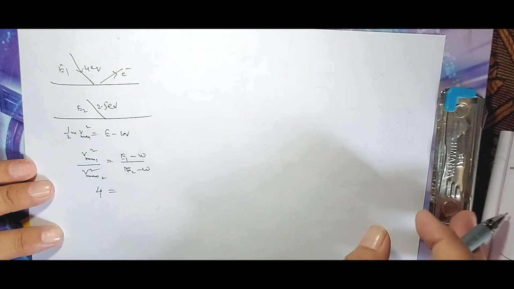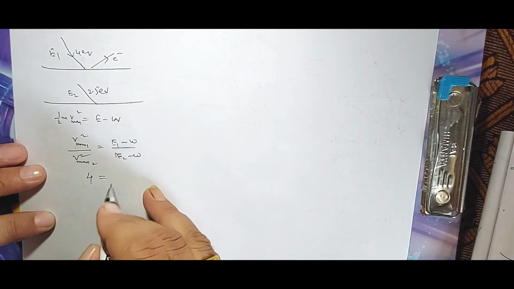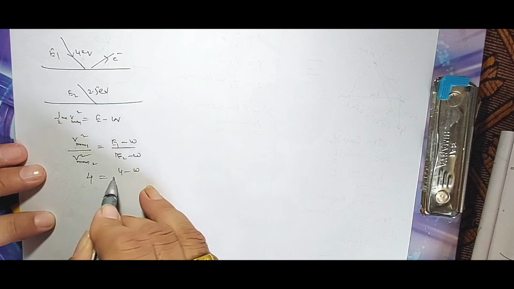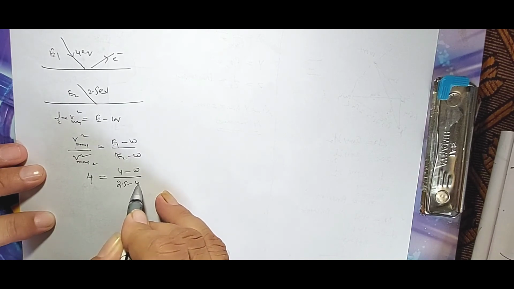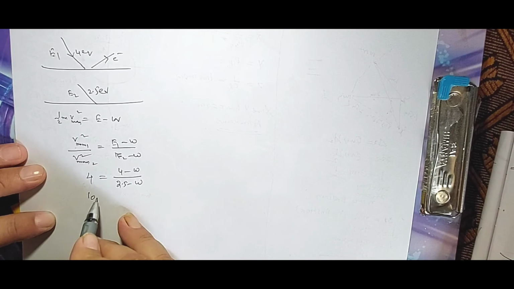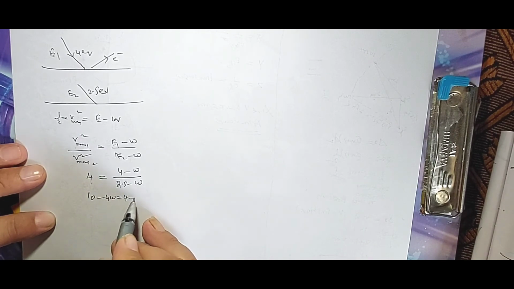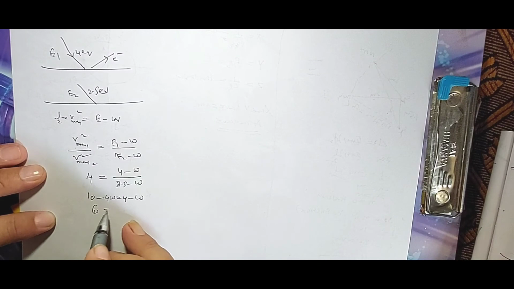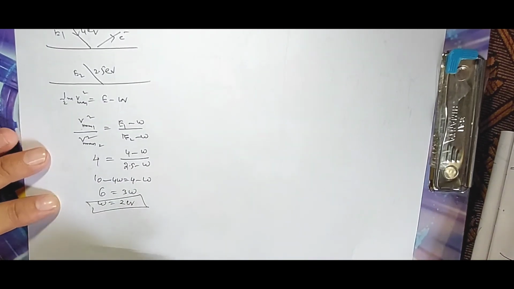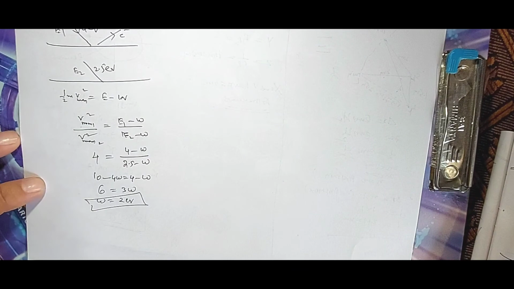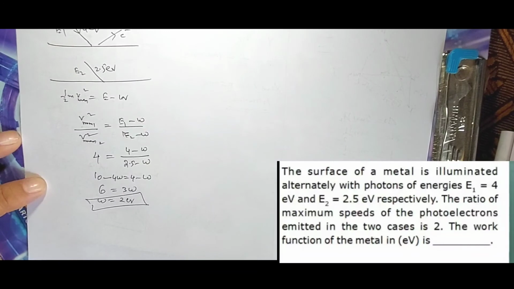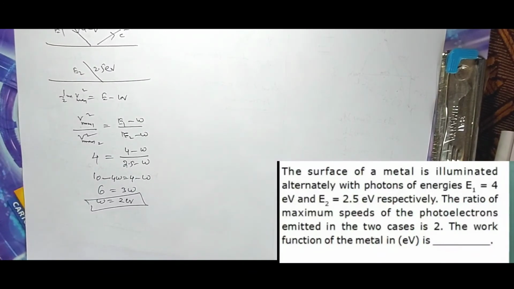So 4 is equal to E1 minus W, that is 4 minus W, divided by 2.5 minus W. So 10 minus 4W is equal to 4 minus W. So 6 is equal to 3W, so W is equal to 2 electron volts. There is no option, as this is an integer type question. So the correct answer is 2 electron volts.